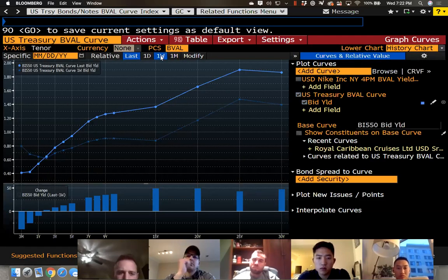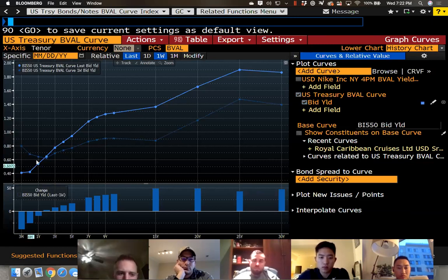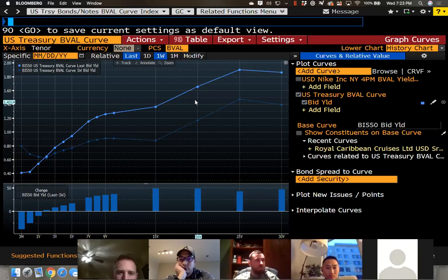Since the last time we were on the phone, this is what's actually happened to the yield curve. And so this was last week, and this is today. What does this tell us about the economy? The yield curve is not really inverted now. It's going back to a more natural curve.